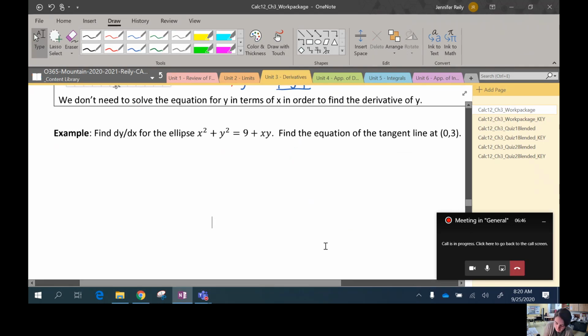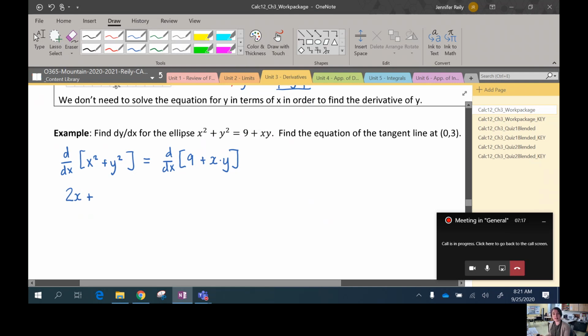Okay, so first, same step as before. Step 1, take the derivative with respect to x of both sides. The right-hand side here is going to be a little more complicated this time. Okay, d by dx of x squared is 2x.